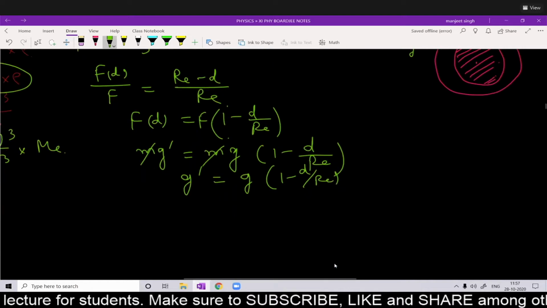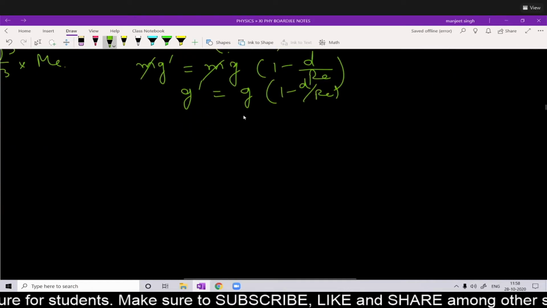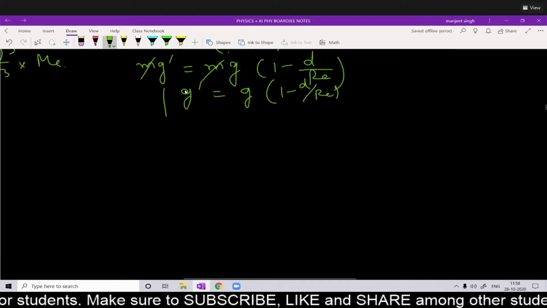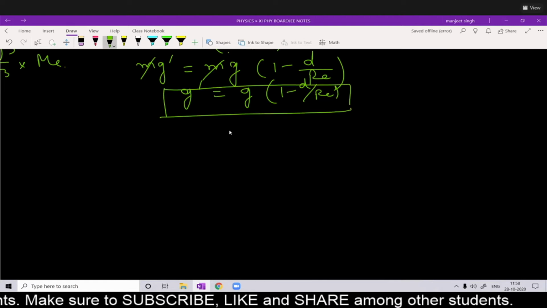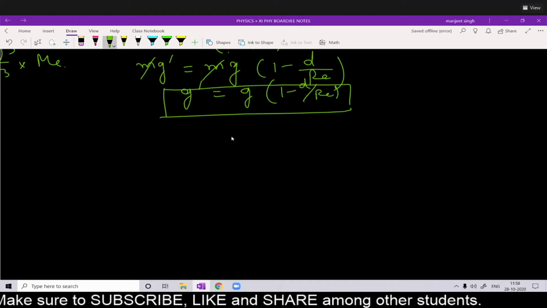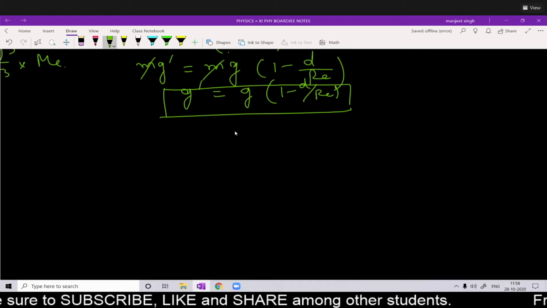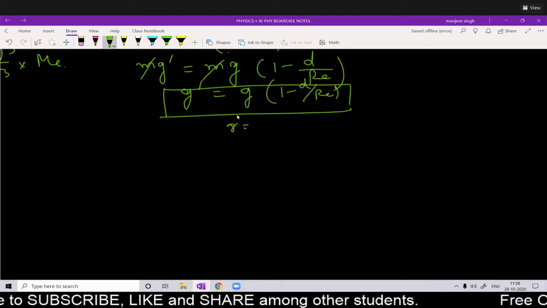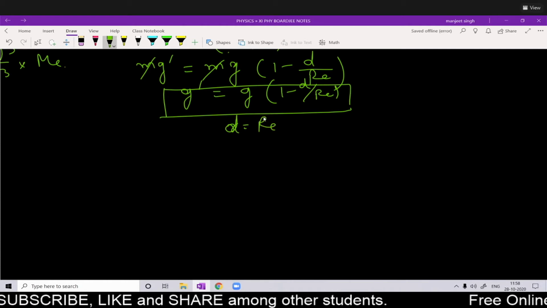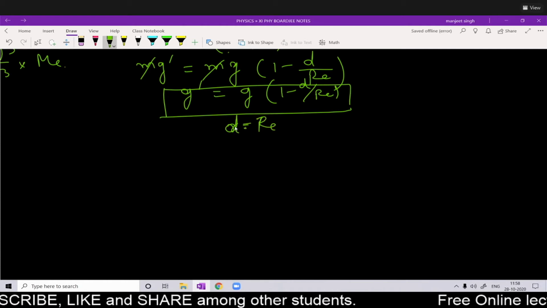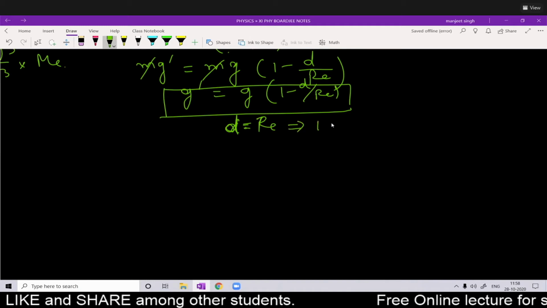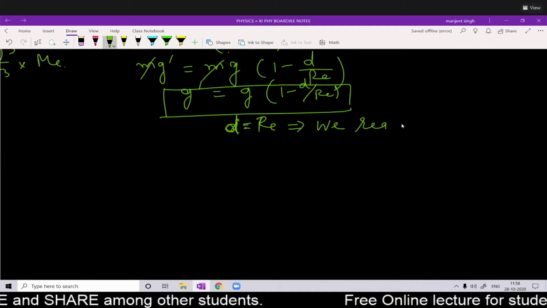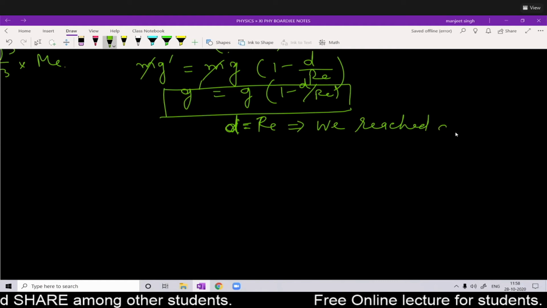Now this formula which we have just obtained for the depth D, let us calculate a question. Suppose we go inside the earth so that D is equal to RE. इतना गहरा खड्डा खोद के हम चले गए तो D इक्वल टू RE का क्या मतलब हुआ? इसका मतलब हुआ कि we reached at the center of earth.